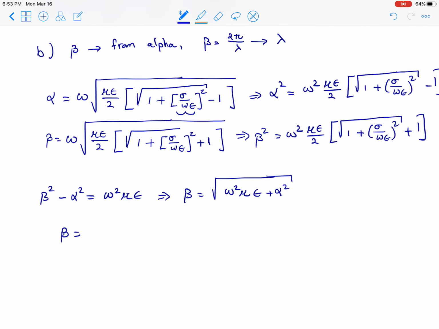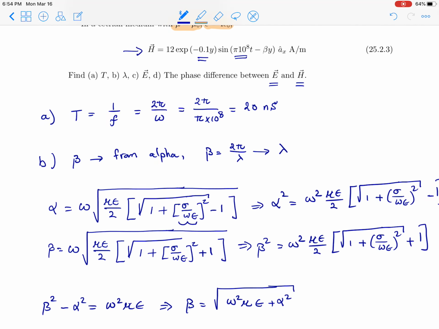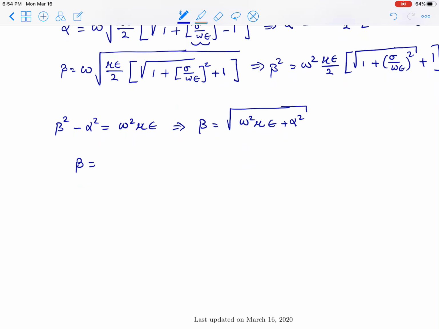Therefore, if I substitute all the values, I have omega equals pi times 10 to the power 8. I have alpha equals 0.1. I have mu is equal to mu naught. I have epsilon is equal to 4 times epsilon naught.